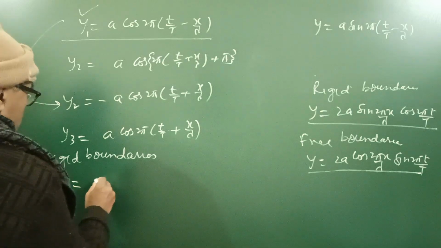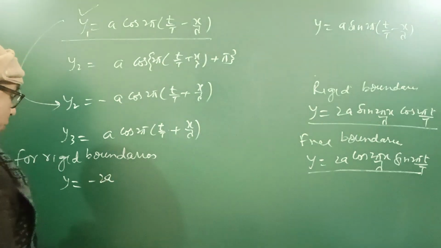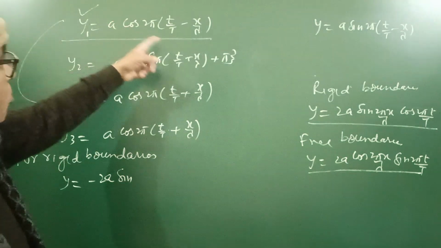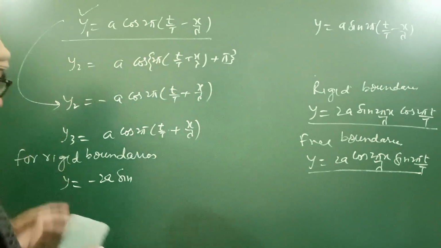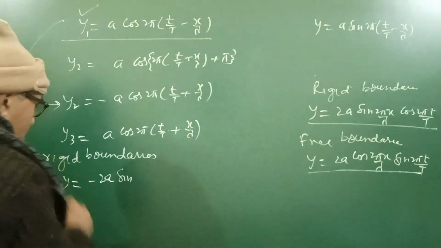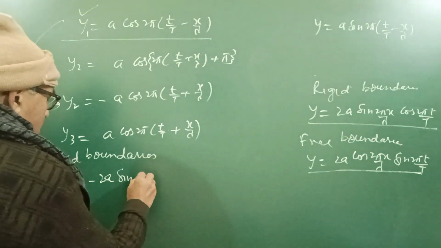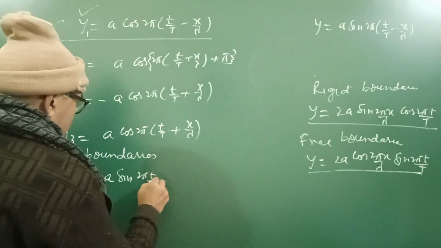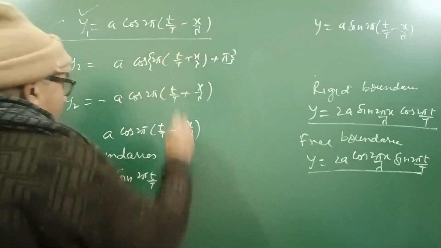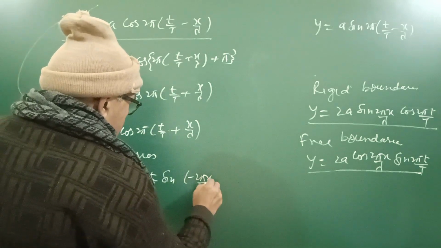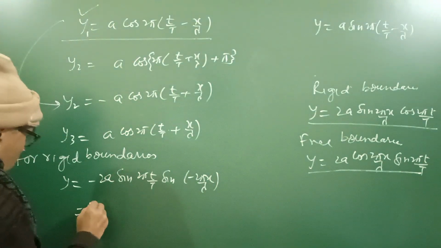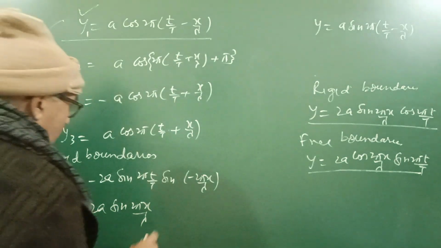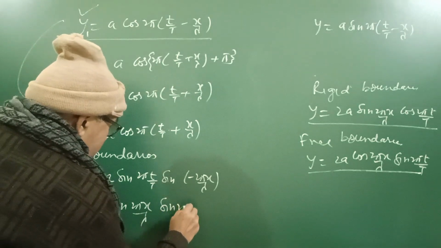So we will get here minus 2a sin, where t and the x terms cancel in this plus this, so sin 2 pi t upon T and sin of this minus 2 pi x. So with the minus sign it will be 2a sin 2 pi x upon lambda and sin 2 pi t upon T.